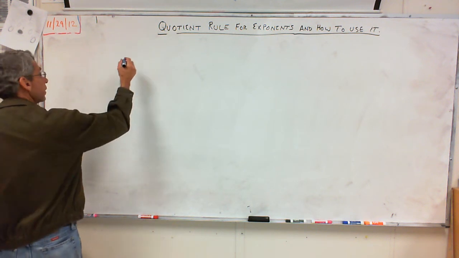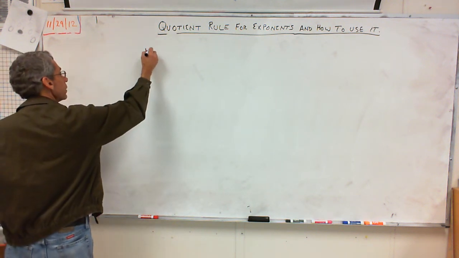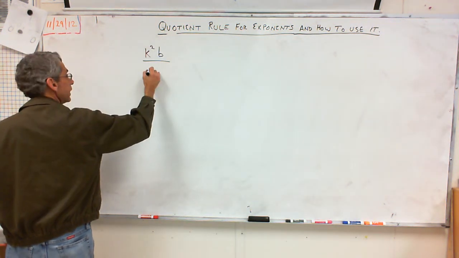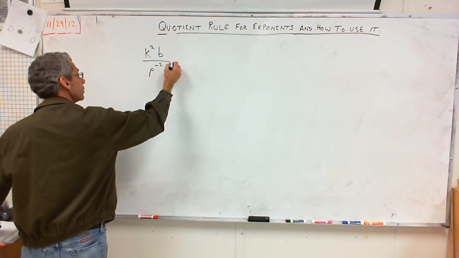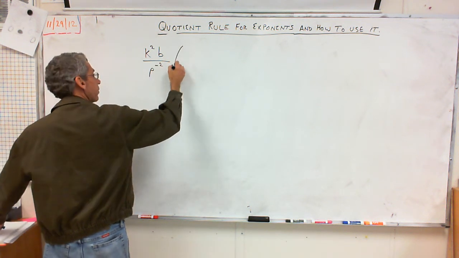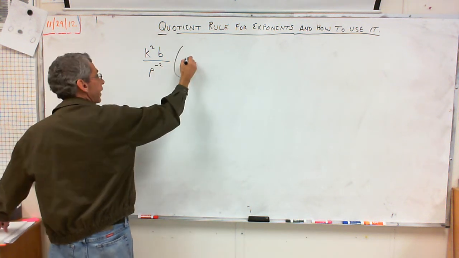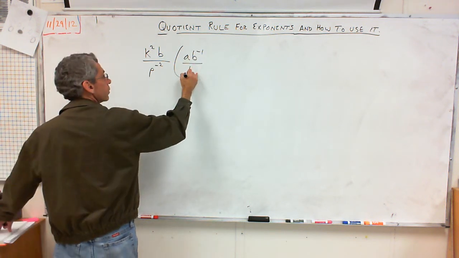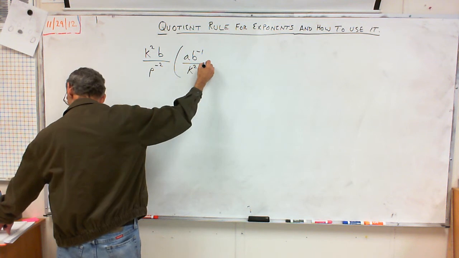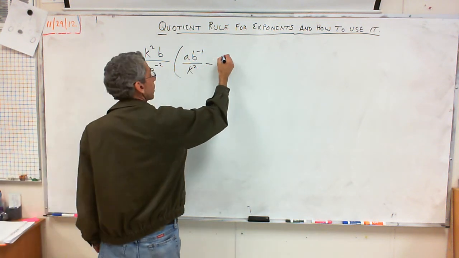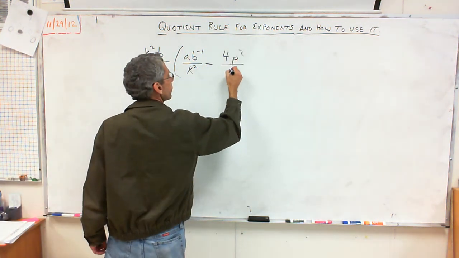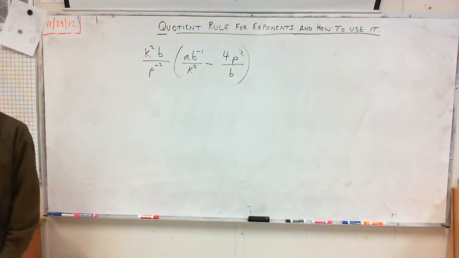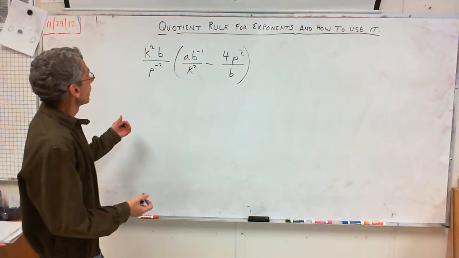We'll do k squared b over p to the minus 2 times, God, this is hard, a b to the minus 1 over k squared minus 4p squared over b. All right, so that looks like a nightmare to me. Right? But it's not so bad.